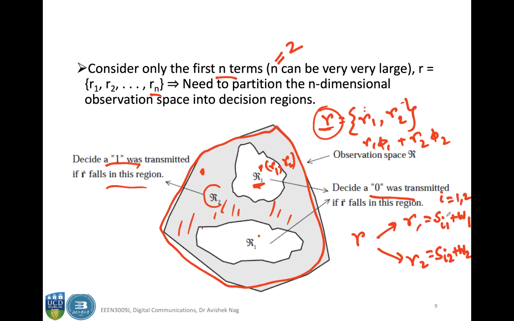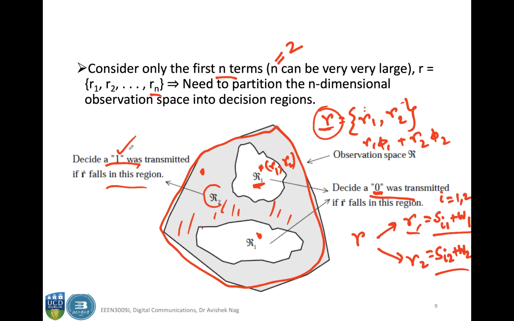Based on this, after you calculate R1 and R2, if they fall here, then you decide that your signal was S1 or 0, and if the opposite happens, then you decide that your signal was S2 or 1.